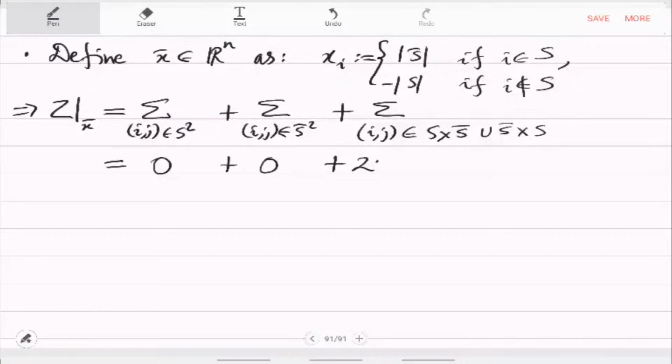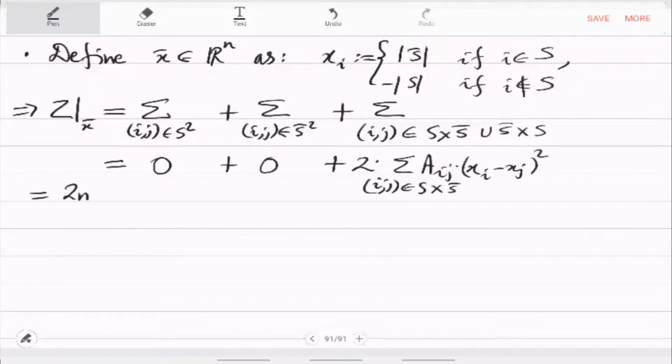So you are looking at aij times (xi minus xj) square, ij in, let us say, S to S bar, right. So you can notice that xi minus xj is actually S bar plus S, which is n. So this is just n square.